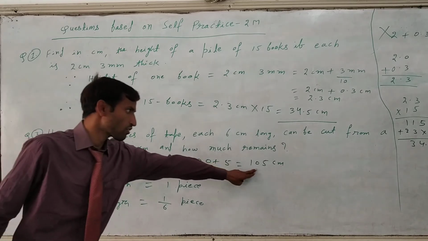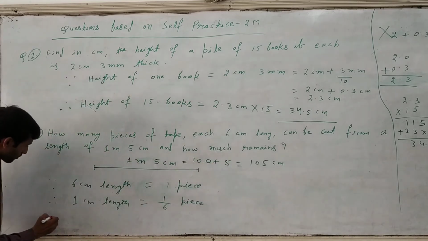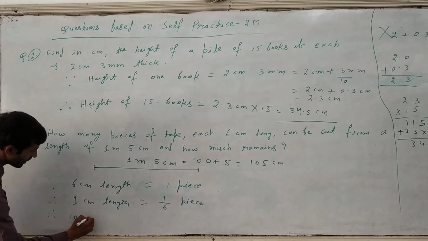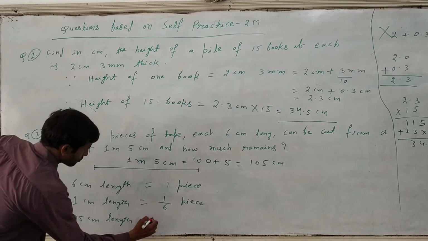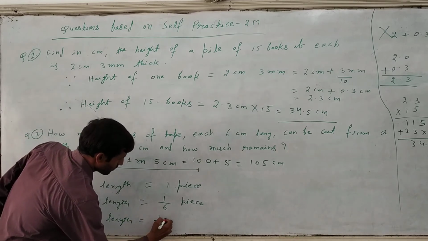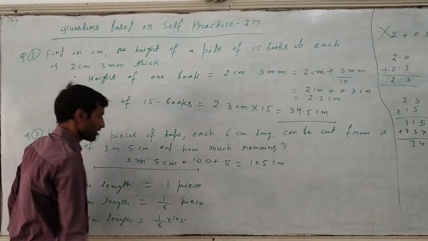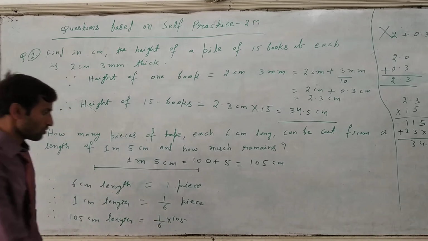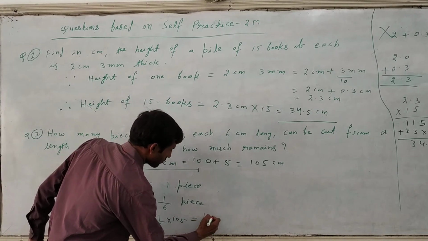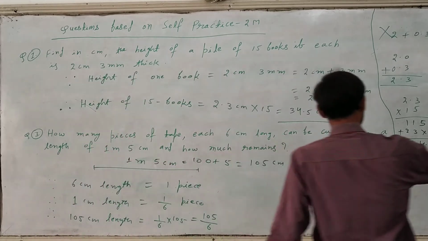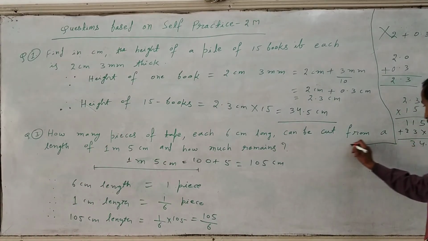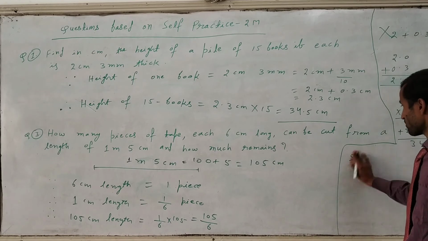Now we have to find the conclusion of this. Means for 105 centimeter length, how many pieces can we make? So for 105 it will be divided by 6, like this 105 upon 6. Now we have to divide separately in rough work. Just divide 105 by 6.